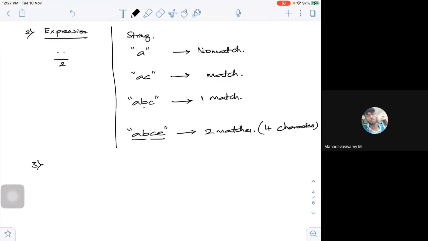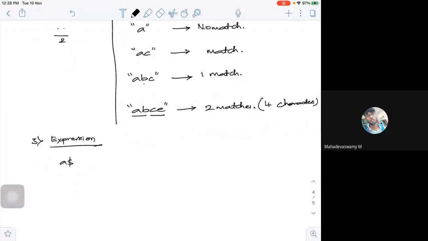So if I use an expression like A$, what does it mean? Any word which ends with A. That's what I am looking for. The end of that particular thing should be A.